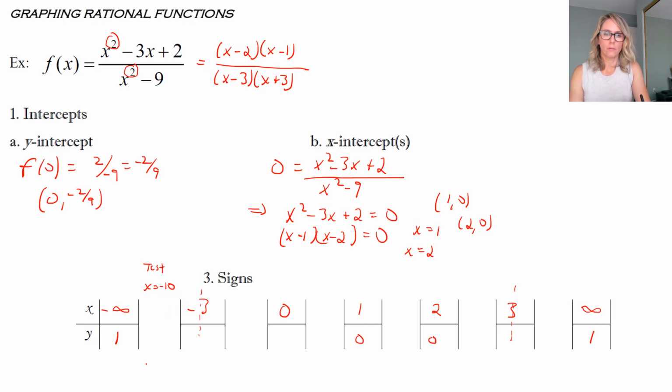Notice I'm going to have -12 times -11 divided by -13 times -7. So I'm going to have a negative times a negative divided by a negative times a negative. So that's a positive divided by a positive, so that's positive. So that's telling me that this rational function is going to have positive values, meaning above the x-axis, all the way from negative infinity to -3.